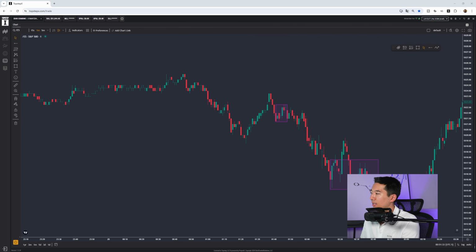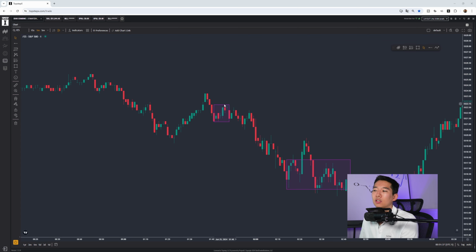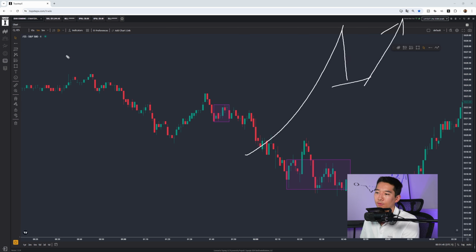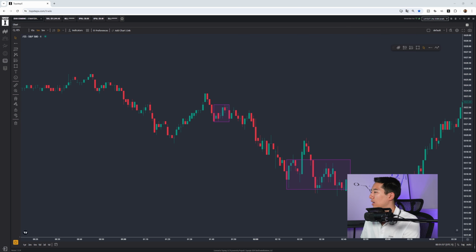So it's very important to understand that you first see that the market did a retracement. That means if you see the market goes up, the move back is the retracement. The move up is the continuation. That means if you see a move down is the continuation, move up is the retracement, and move down is the continuation again. And first after the third step, this is then where the retracement happened.